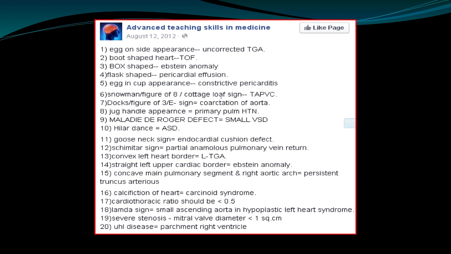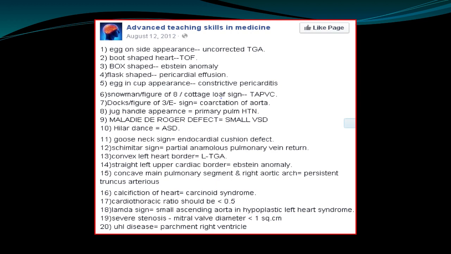Calcification of heart is carcinoid syndrome, and the cardiothoracic ratio should be less than 0.5. The lambda sign is a small ascending aorta in hypoplastic left heart syndrome. Severe stenosis is mitral valve area of less than 1 square centimeter, and the old disease is parchment right ventricle.